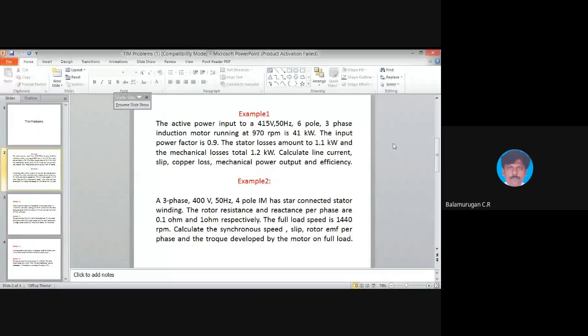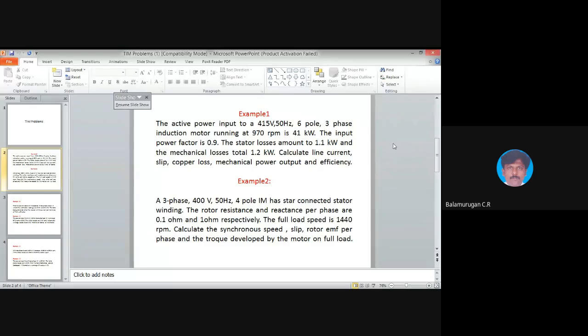So next you calculate the P out. What is the formula for P out? If you subtract the mechanical losses from the PM value, P out is equal to PM minus mechanical loss.